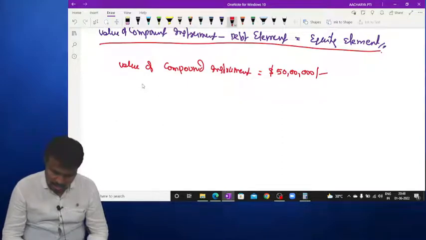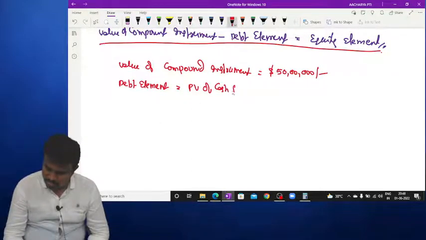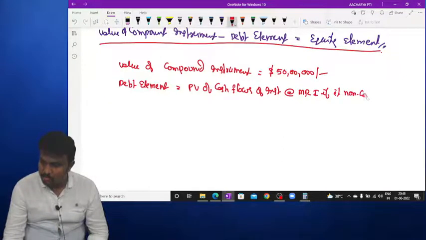How do we split? First we calculate the debt element. The debt element is the present value of cash flows of the instrument at the market rate of interest if it is non-convertible.